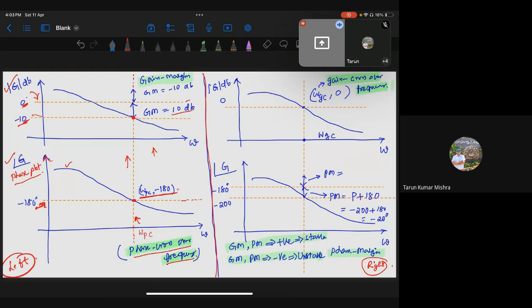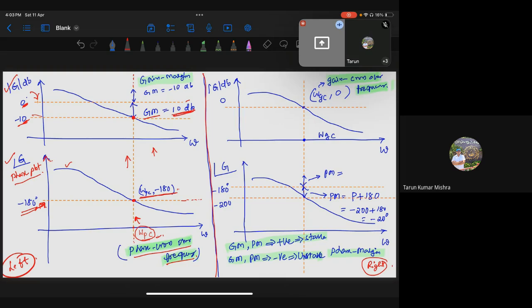How do you get that 10 dB point? Because we have identified the phase crossover frequency. How do you get the phase crossover frequency? Because you have drawn the minus 180 horizontal line. This minus 10 dB line is called your gain margin. Is this step clear?